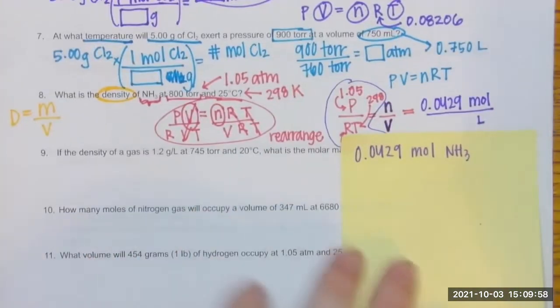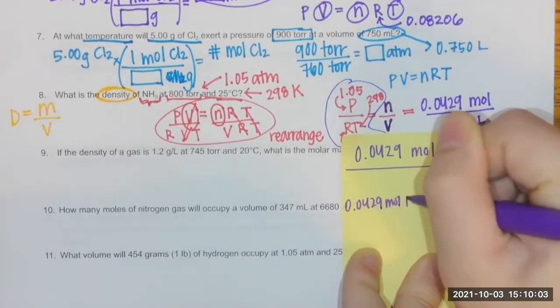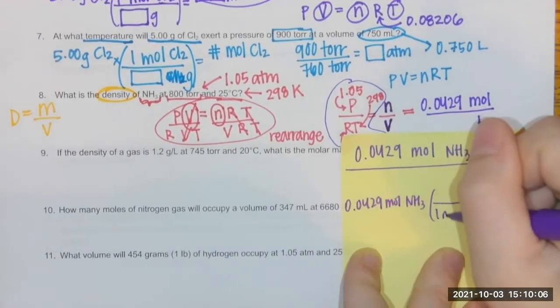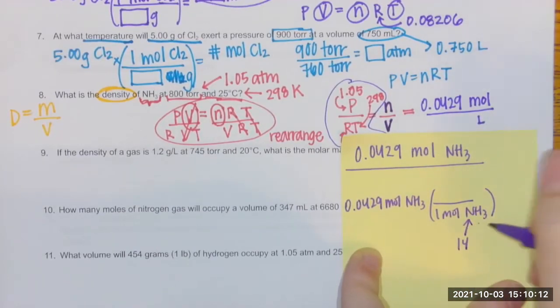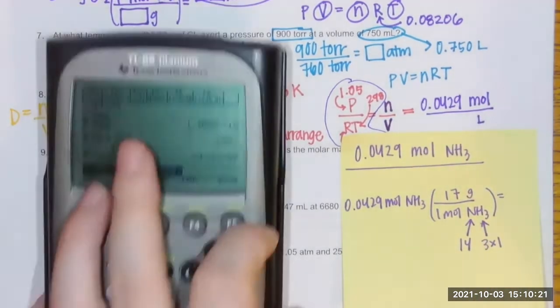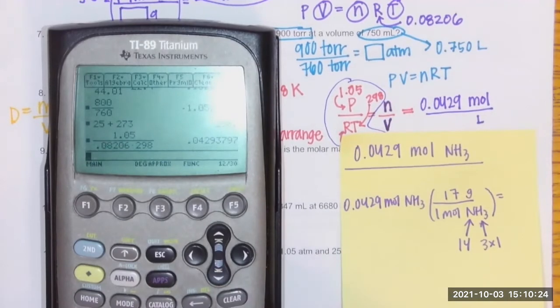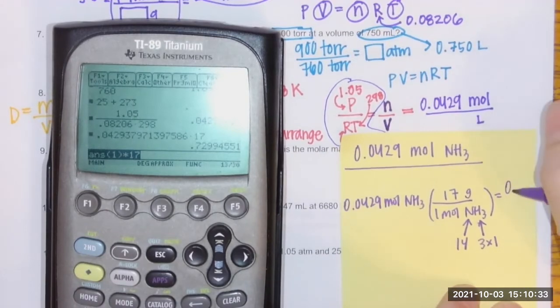How many grams is that? 0.0429 mole NH3. 1 mole of NH3 weighs, I think it weighs 17, because nitrogen weighs 14, and there's 3 hydrogens that each weigh 1. So that weighs 17 grams. So I've got, I'm going to round this number, 0.73 grams.